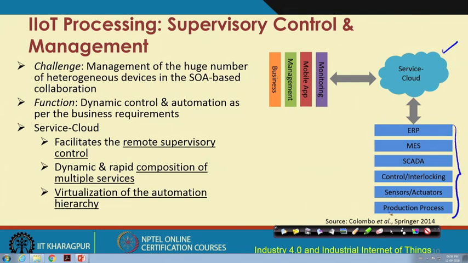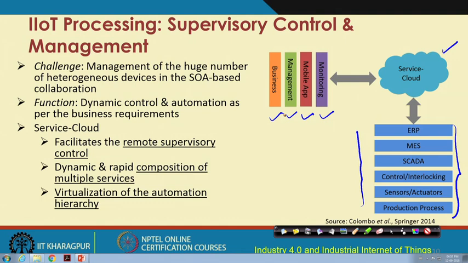It starts with the production process, then the sensors and the actuators, control and interlocking, SCADA, MES and ERP. These are the different things that are implemented as per their solution, and at the same time different functionalities such as monitoring, running different mobile apps, management strategies, and business logic implementations are also performed.